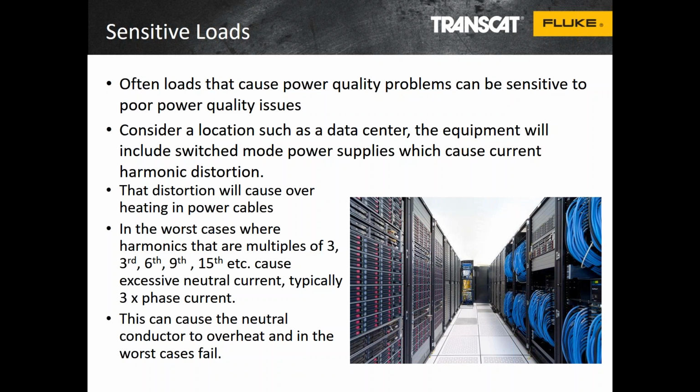So it may well be that you have all of these racks of equipment which are causing high harmonics, which in turn can cause very high levels of neutral current, because if you have multiple harmonics at multiples of 3, they will cause excessive neutral current because all the current flows back in through the neutral. So you can often have 3 times as much current in the neutral as you do on each of the phases. So that would be 3 times phase current in the neutral.